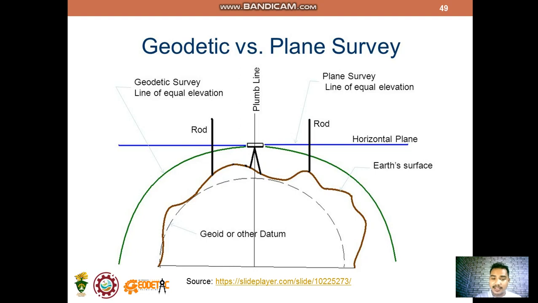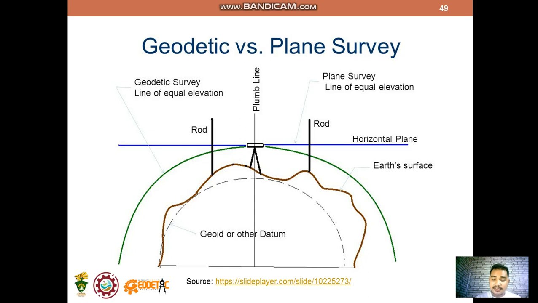Flat man siya, so straight line lang siya, horizontal plane. While in geodetic surveying, as you can see, the line of equal elevation is kanang green na portion. So that line has equal elevation. It's because geodetic surveying takes into account the curvature of the earth.